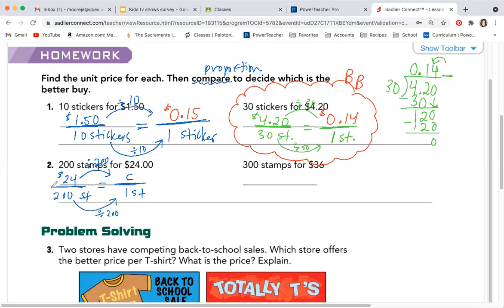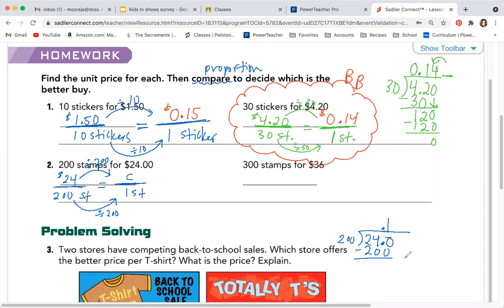I'm going to do the calculations off to the side. So 24 divided by 200, that's the spot I'm at right now. 200 doesn't fit into 24, so what do we do? Add a decimal, add a 0, and keep going, right? How many times does 200 fit into 240? 1 time.